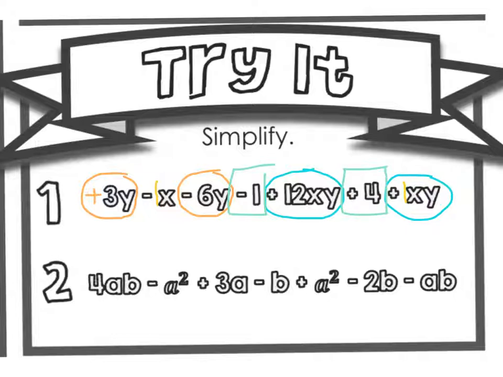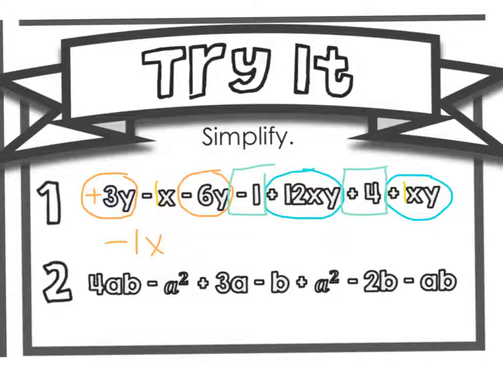Okay, now let's go ahead and put this in order. And what do we want to do first? Alphabetically, we would do our x's before our y's or our xy's. So coming first would be the negative 1x.